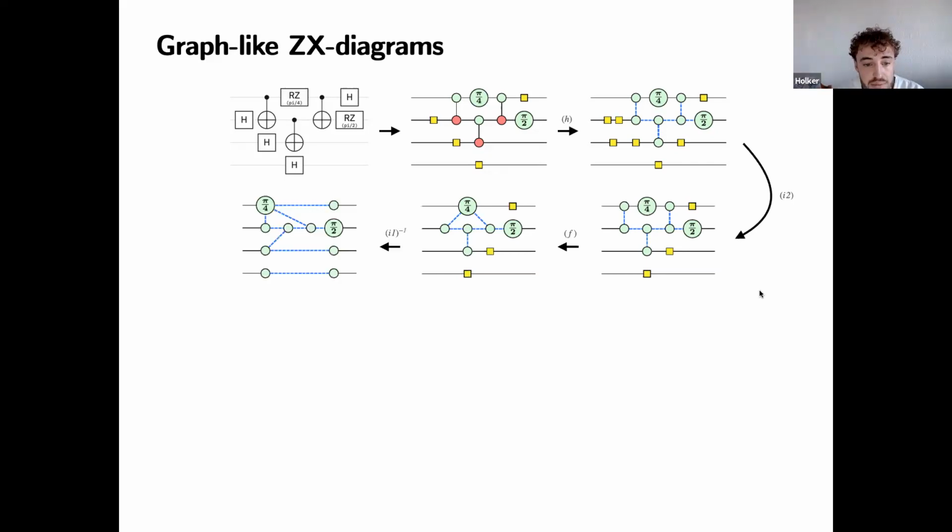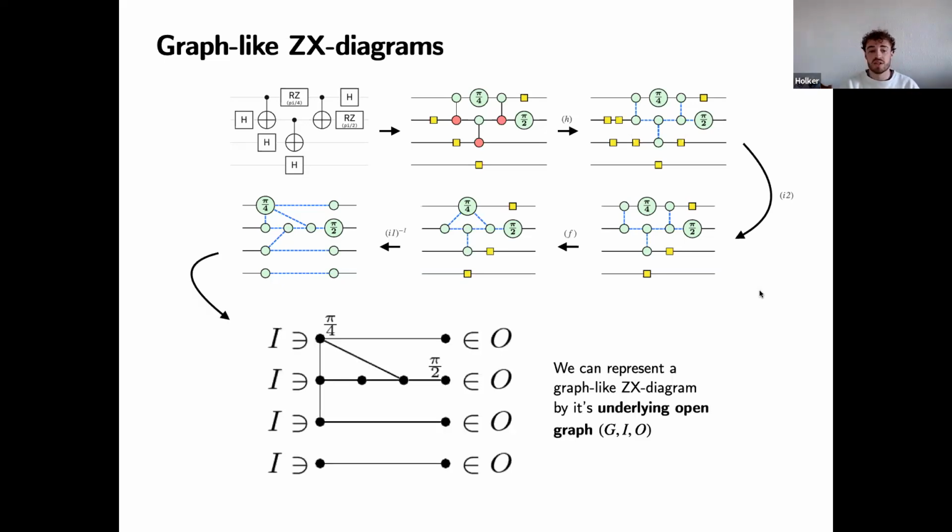And then we can add in identity spiders so that every single spider is a green spider, every single edge is a Hadamard edge, and the only spiders connected to a singular input or output. What this means is that we can then represent this as what is called the underlying open graph of the diagram, and then we can utilize this to look at graph-theoretic applications, which becomes useful in looking at flow and how to optimize this.